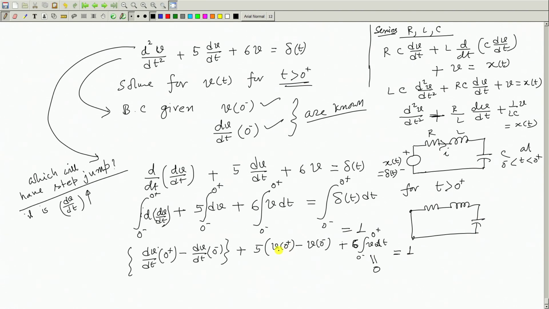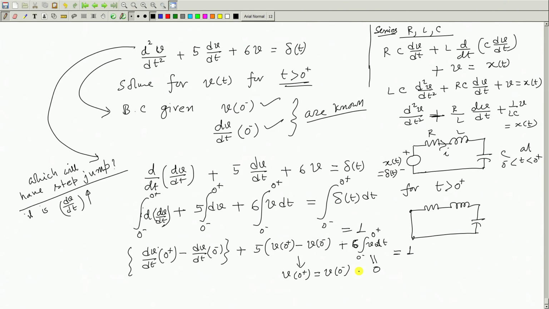V cannot have a step jump, therefore V must be continuous. So this tells me that V(0+) must be equal to V(0-), since it is not a step jump case.